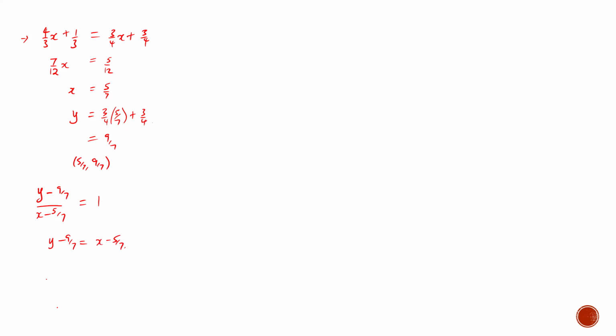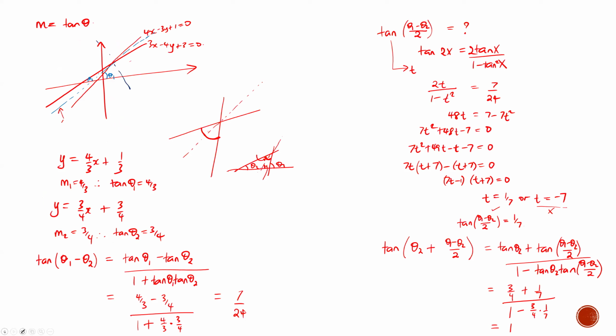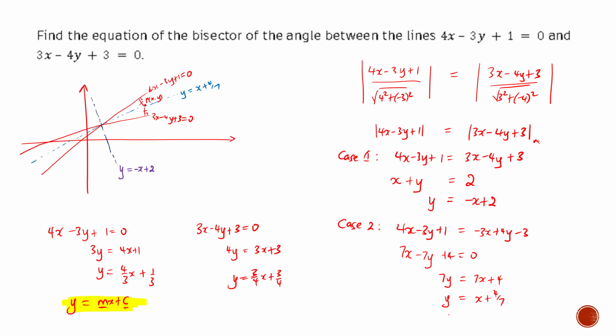And if you arrange this nicely, you should get y is equal to x plus 4 over 7, which is what we got right here.